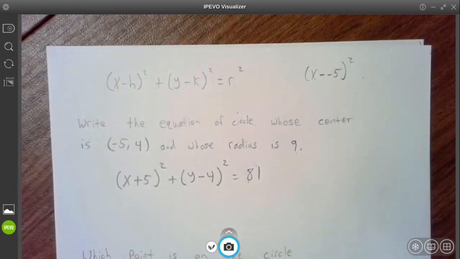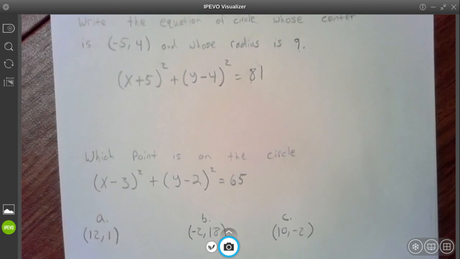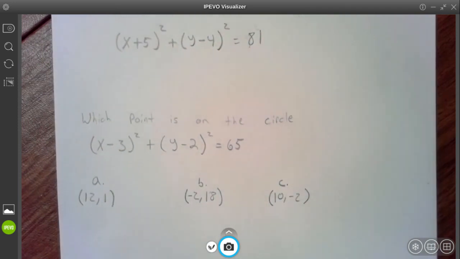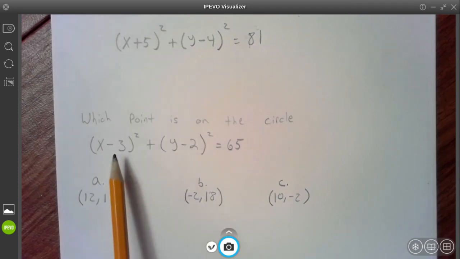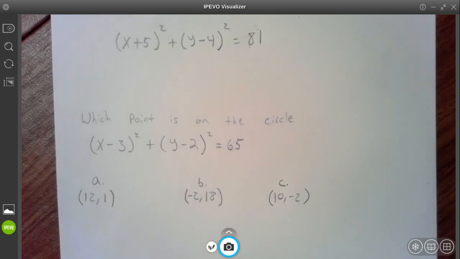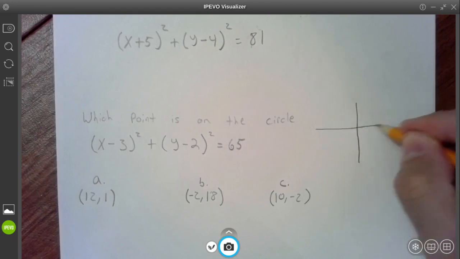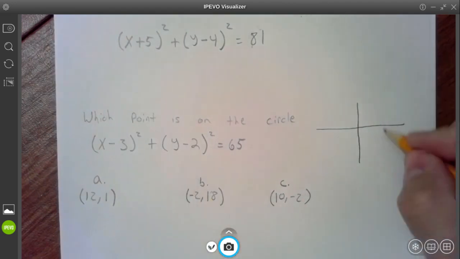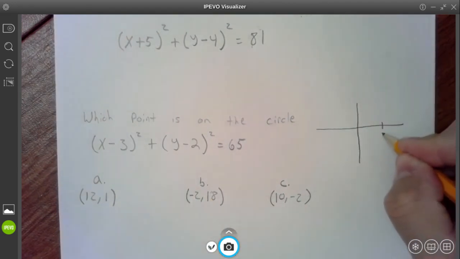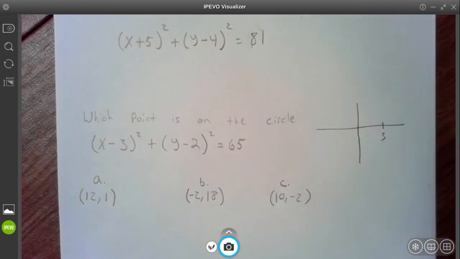One other thing that you'll want to be able to do is determine whether a point is on the circumference of a circle. So here I've got 3 points, and I want to know which one of those 3 points is on this circle. I mean, you could try to eyeball it. If you graph this circle, it would be 3 units to the right and then 2 units up.